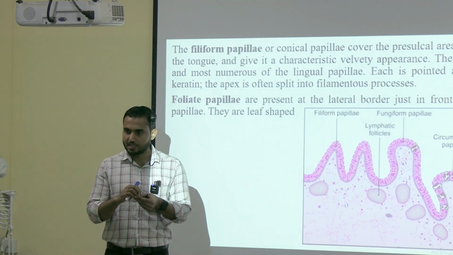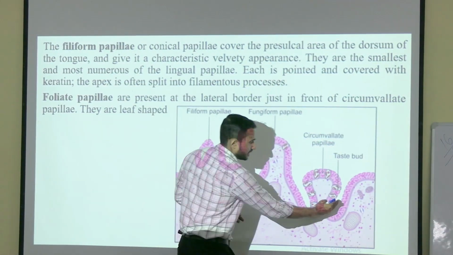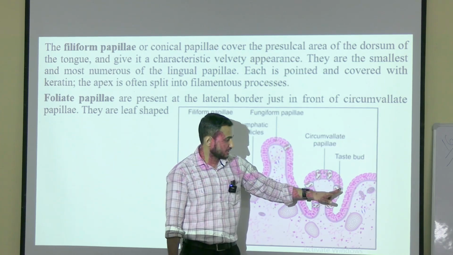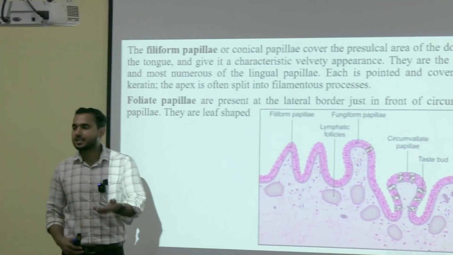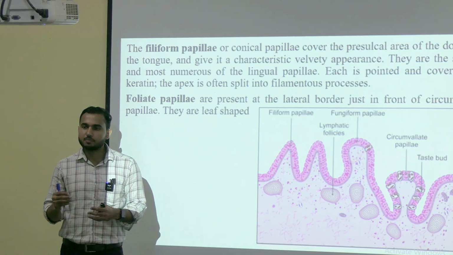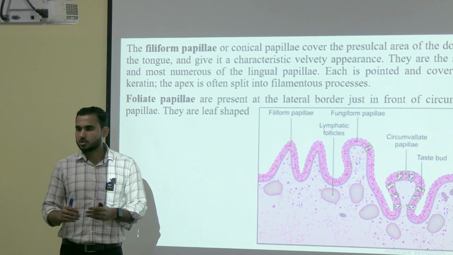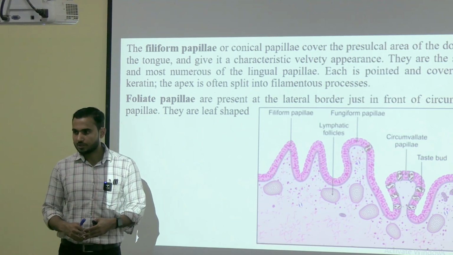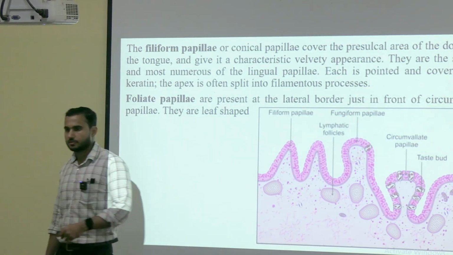When it mixes with the saliva, the mixed food along with the saliva will come over here into that sulcus, and then this taste bud will get activated, and only then do we get the taste. Once taste is felt, more saliva secretion will be there from the serous gland and it will wash away, so that whatever next food item is coming, its taste can be felt. That is the function of the serous glands associated with the circumvallate papillae.